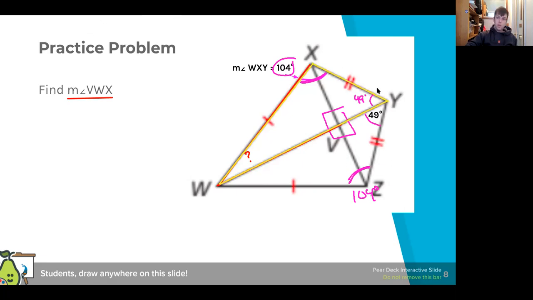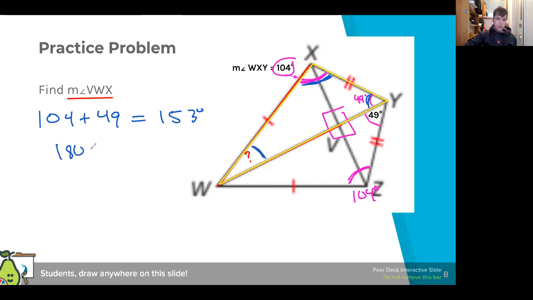In this larger triangle, I know this one's 49. I know this one's 104. And I'm missing this. It's more of a straight calculation. 104 plus 49, I add those together, I get 153. So that's this angle here and this angle here. And I'm missing the third one.